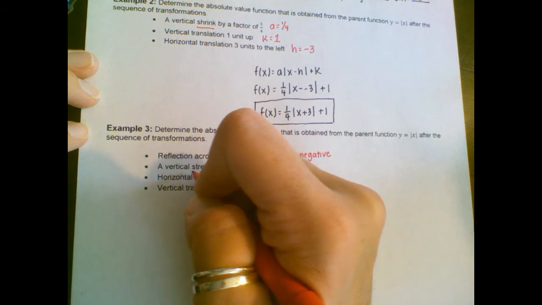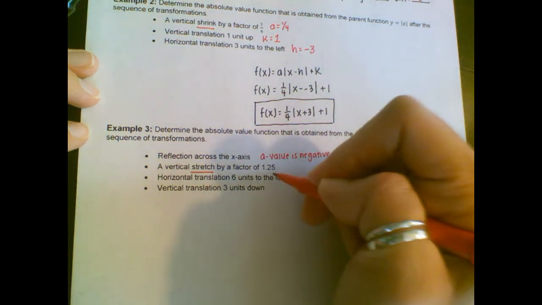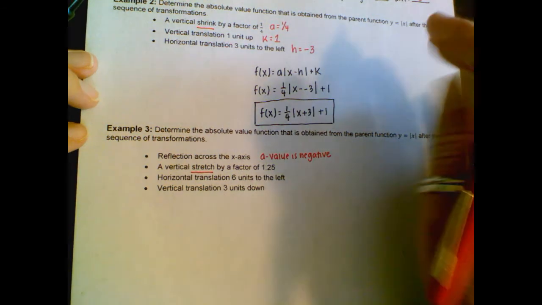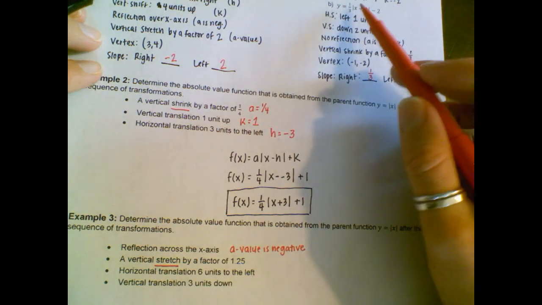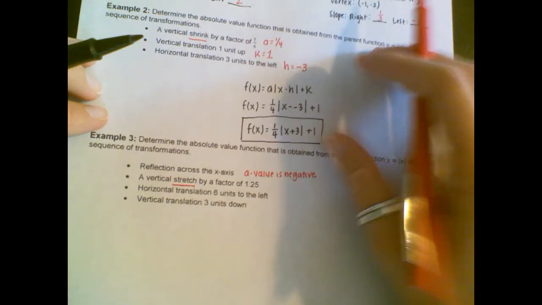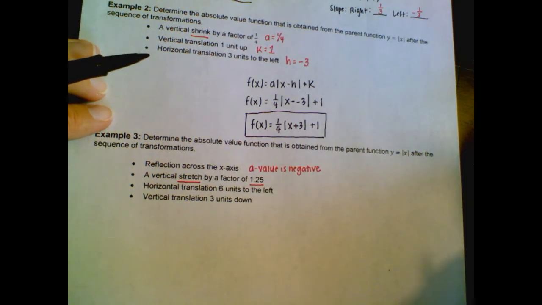A vertical stretch by a factor of 1.25. So when we're talking about a stretch, we know that that value is going to be more than 1, which it is, 1.25. But when we write our actual function, we generally like to keep things in terms of fractions. So this one up here was 1/3, this one down here was 1/4. So I'm going to rewrite this 1.25 as an improper fraction.